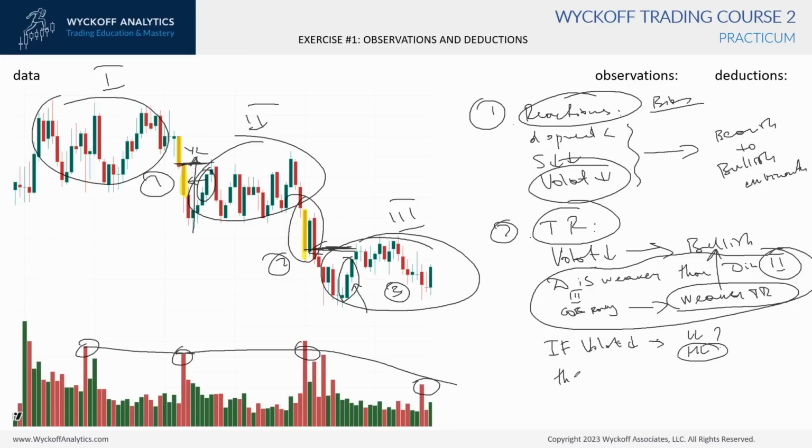So then how could we depict a weaker trading range in a bullish environment, with expectations for a higher low? How would the structure look like that?